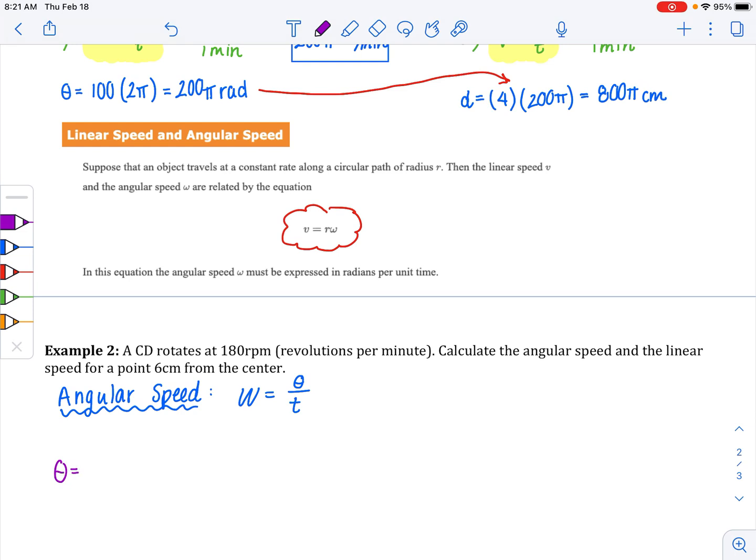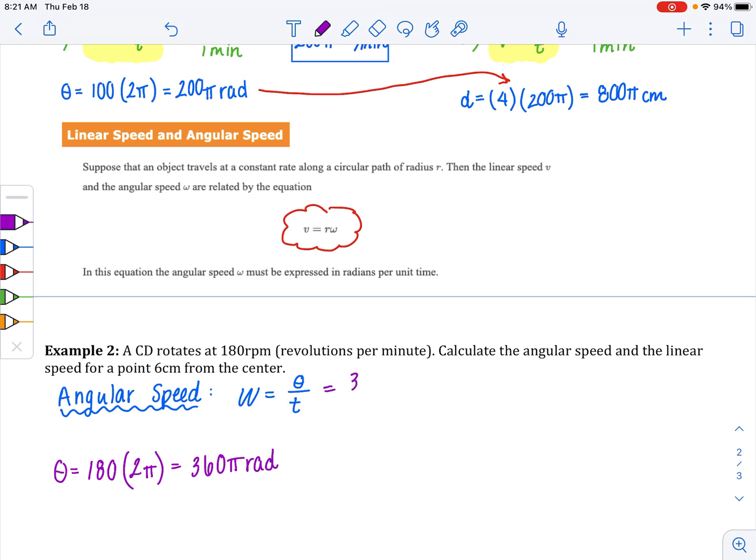I'm given 180 RPMs. So I'm going to take my 180 revolutions, one time around the circle, times the measure of the circle. Well, it's 360 or 2 pi, because we need to be in radians. So my angle is 360 pi radians.